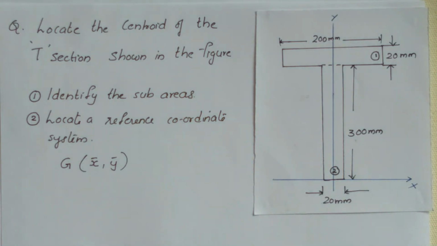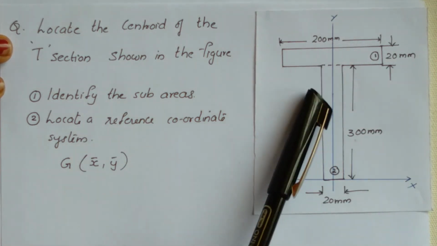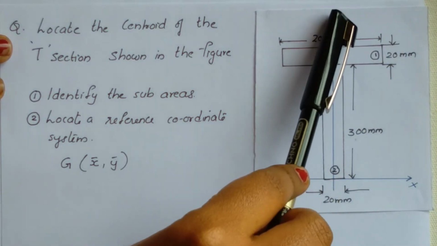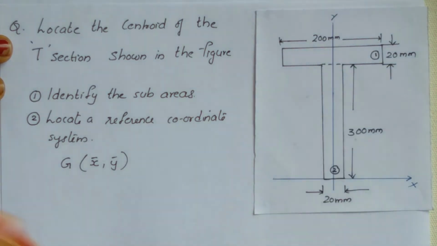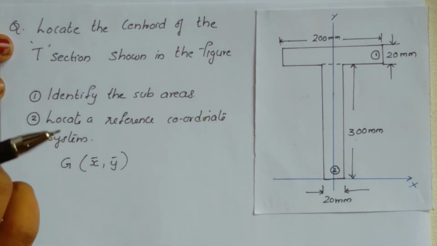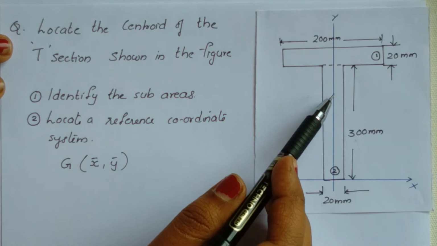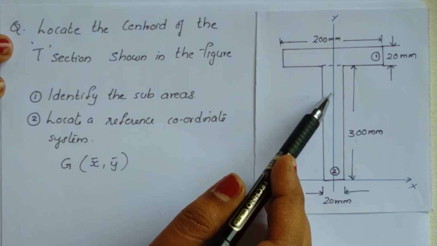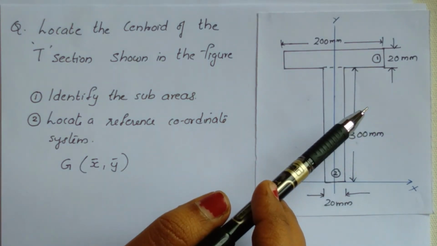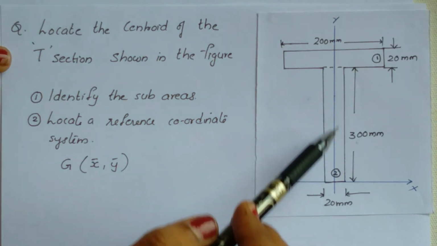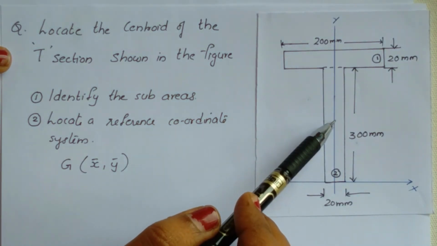Now, as we have told earlier, since this section has an axis of symmetry along the y-axis, definitely the centroid of this figure will lie on that axis of symmetry. We don't know the exact position, but the centroid will lie somewhere on the y-axis.